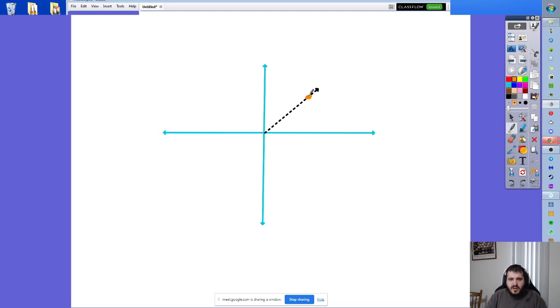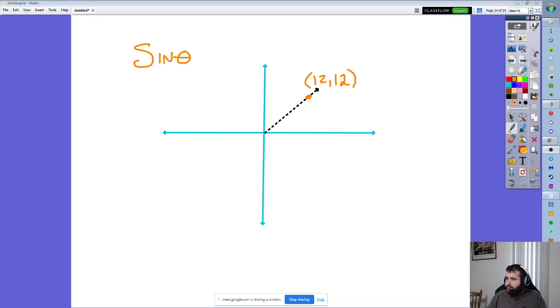So they'll give you this, and then they'll say this is the point 12, 12. If you are looking at the assignment that I put up, the PDF, this is number 1. And what they want is the sine of our angle. All right? Now, as we go through, all we are doing is making our triangle and then finding the sine.